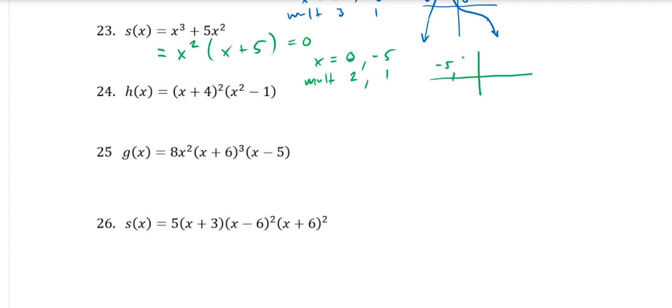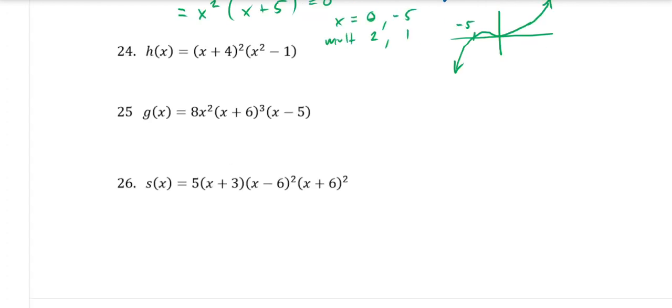So let's mark our zeros. Let's note that our leading coefficient is positive and our degree is odd, so we're going to move the way that an odd polynomial does, falling on the left, rising on the right, and we want to cross at the -5, but then just bounce off the 0 proper, which gives us the following appearance to our graph.